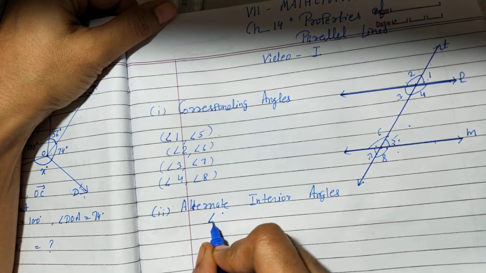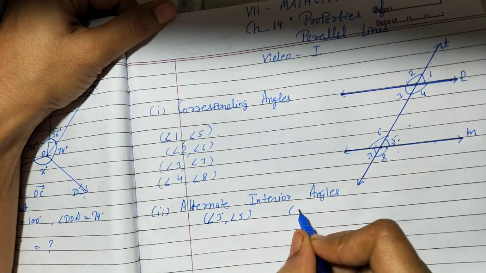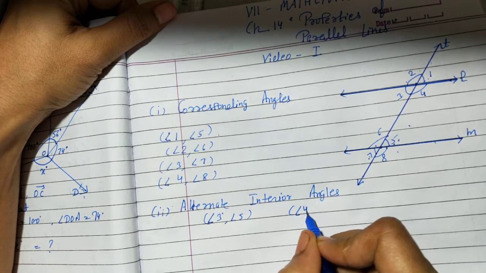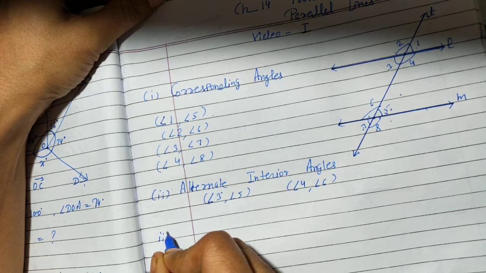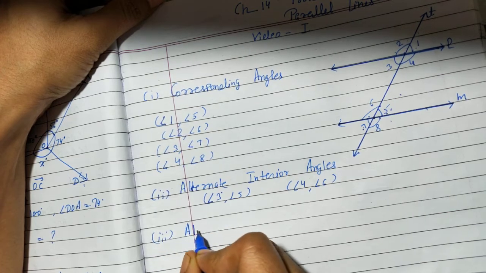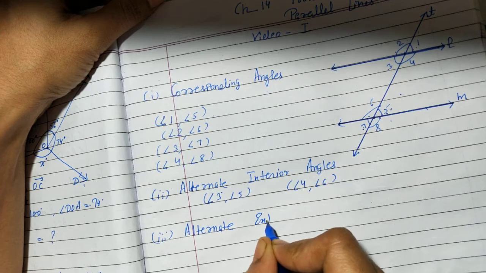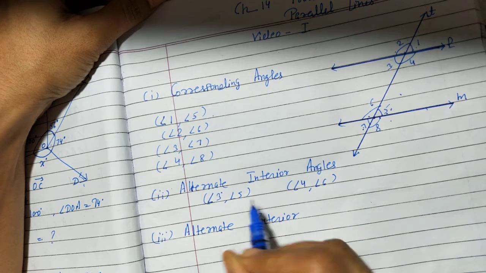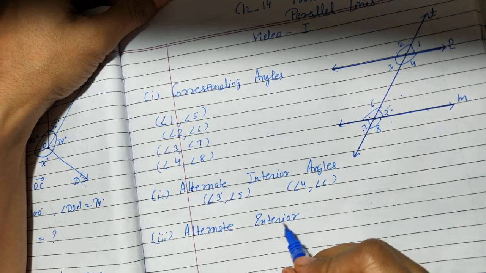Yes, two pairs. One is angle 3 and angle 5, the other is angle 4 and angle 6. Then third one is alternate exterior angles. When two lines are parallel, alternate interior angles are also equal.